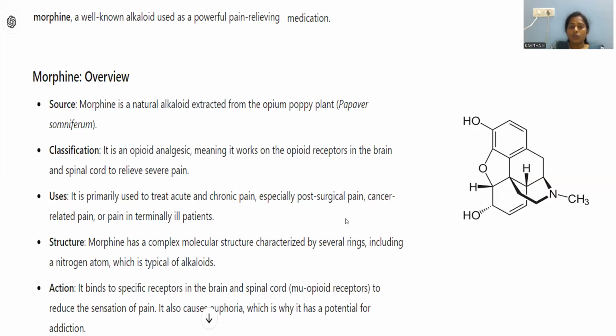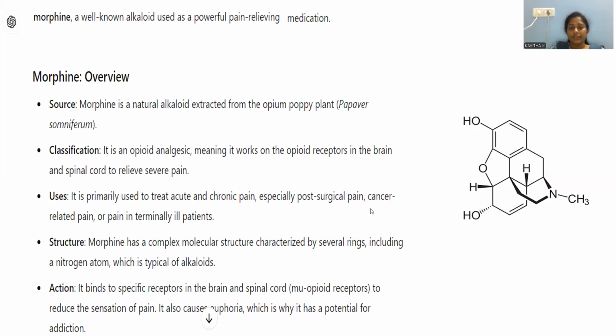We will treat these critical chronic pains by means of morphine, especially post-surgical pains. After the surgery, the healing process requires a long time, so in that condition we will experience pain, and morphine can be applied.